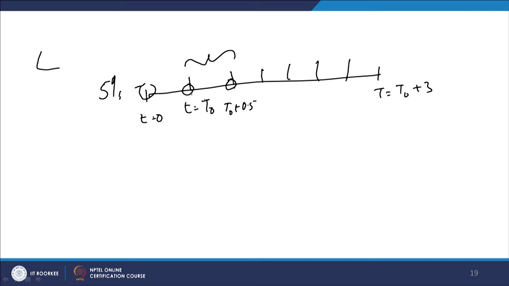At the same time, the LIBOR prevailing at t0 plus 0.5 is then fixed for the next 6-month period. So, for the next period, t equal to t0 plus 0.5 to t equal to t0 plus 1, interest will be paid at the rate which is fixed at t equal to t0 plus 0.5, that is at this point.